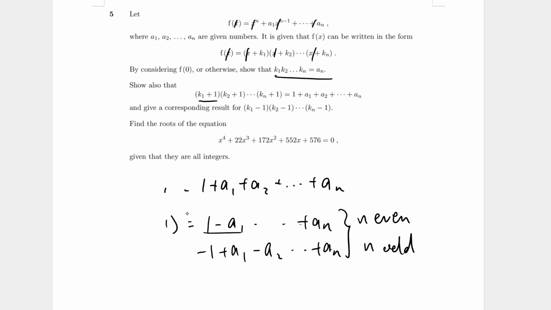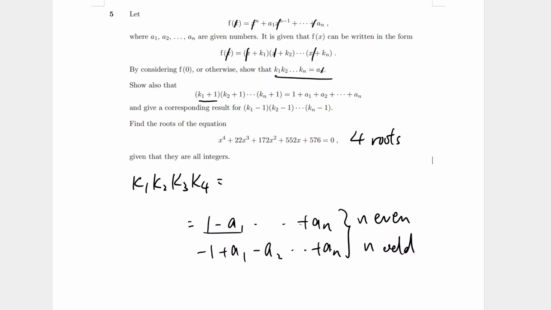Firstly, you know that there are 4 roots, so we could call them k1, k2, k3 and k4. What do they multiply to? a4, which is 576. There we go.